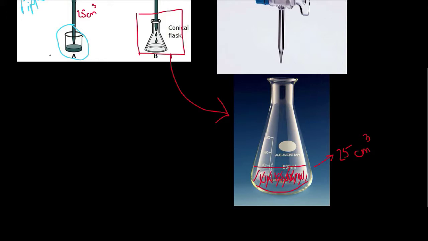So now say that solution, the unknown solution, is sodium hydroxide. So you have 25 cm cube of NaOH, concentration unknown. We have no idea.